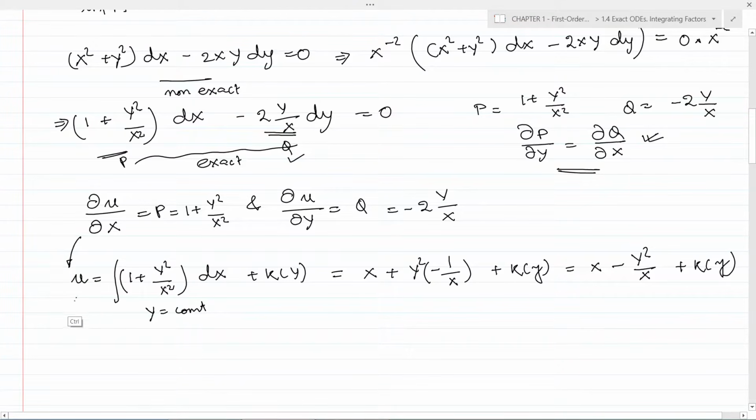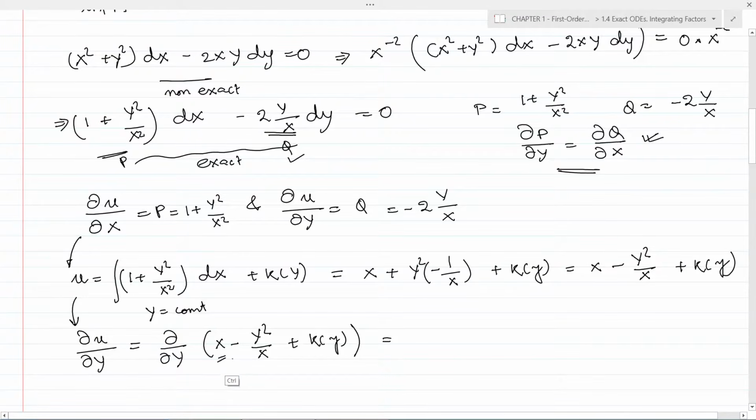Now, we can differentiate this u with respect to y, and we can write del u by del y, which is equal to del by del y of x minus y square by x plus k, which is a function of y.